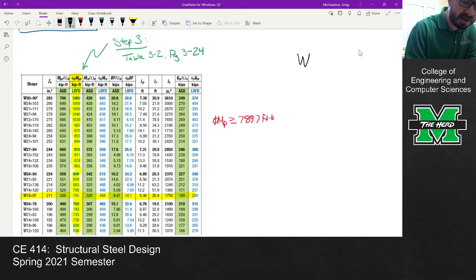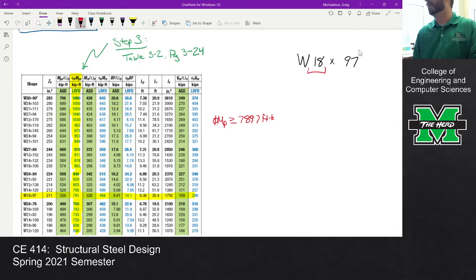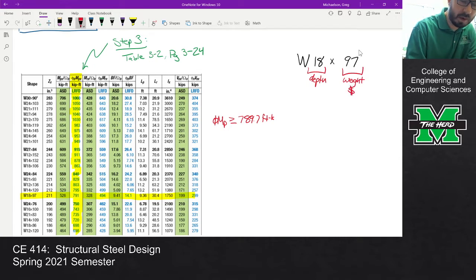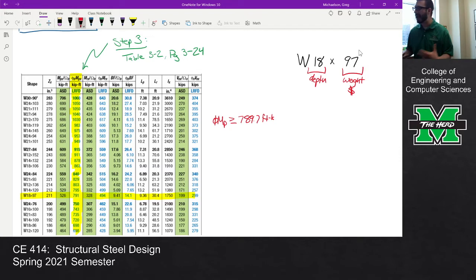Remember, if you have a W18 by 97, let's remember what those two values are. The 18 is the depth, this is the weight, and this is where the money comes from. If I'm buying steel, I'm going to be buying steel per pound, right? So I want to spend the least amount possible, so I'm going to go off of that second number.